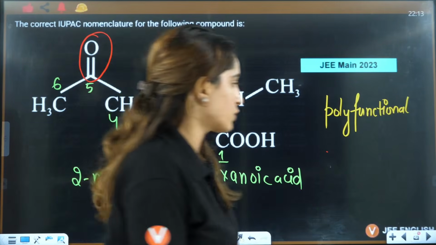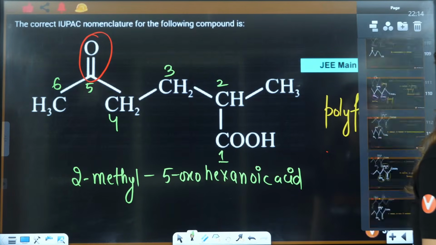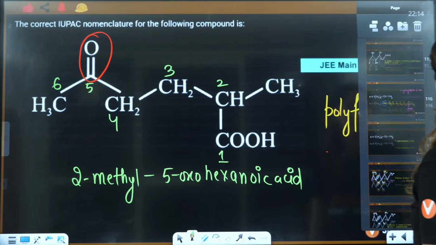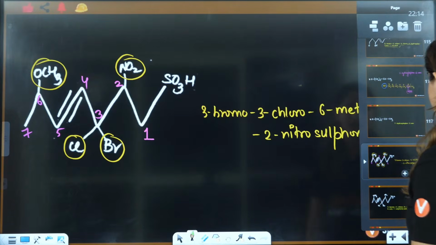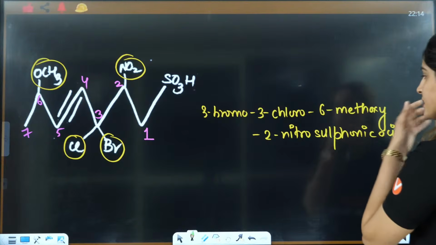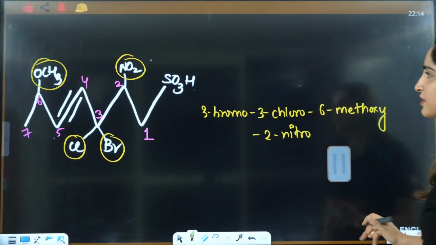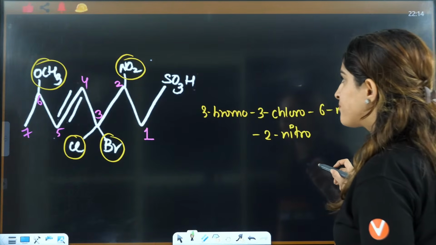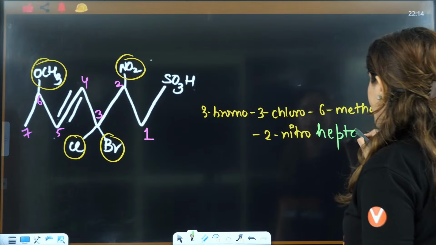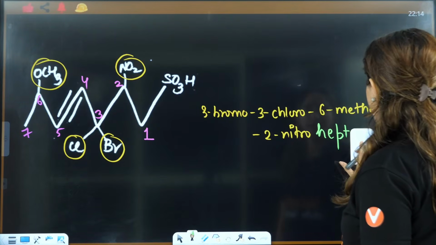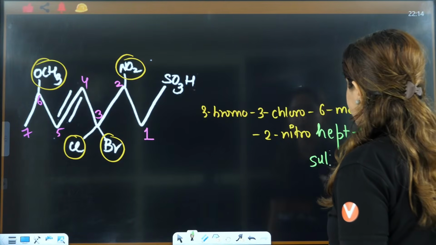Hexanoic acid. Acha, one thing, I think I have done wrong in the previous question. I forgot that there is yne. I just wrote sulfonic acid. This should be hept-4-yne, then sulfonic acid.